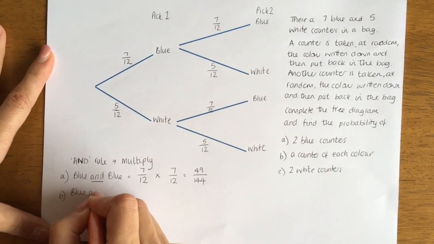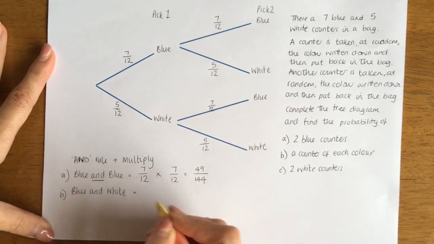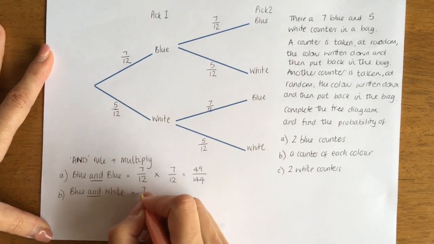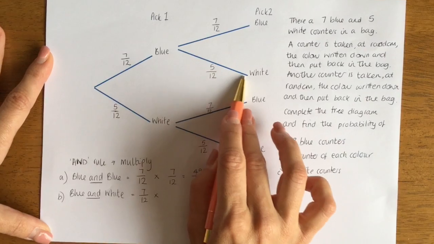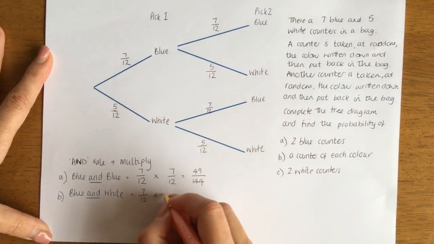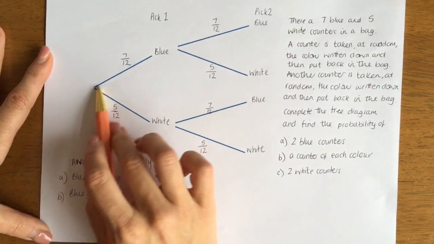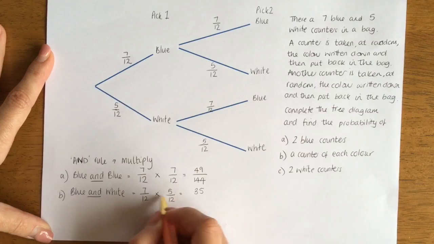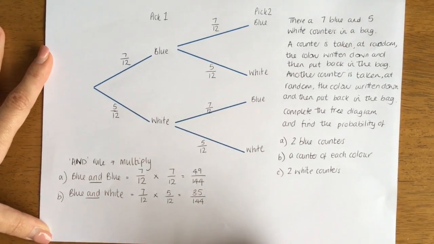So blue and white. So there's that and again. The probability of picking a blue is 7 over 12. The probability of picking a white now, so I'd be following this route, is 5 over 12. So the probability of picking a blue and a white is 35, because I do my 7 times 5, over 12 times 12, which is 144.